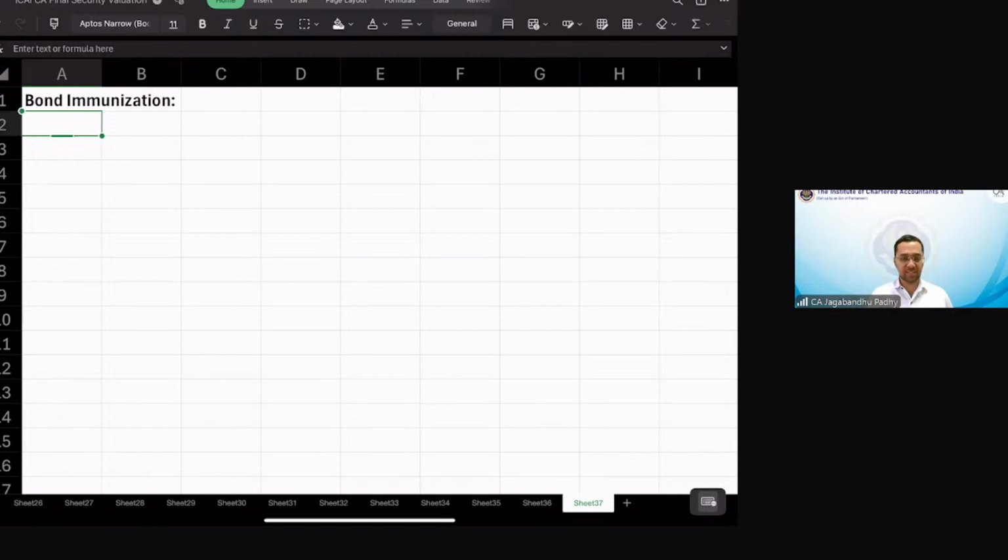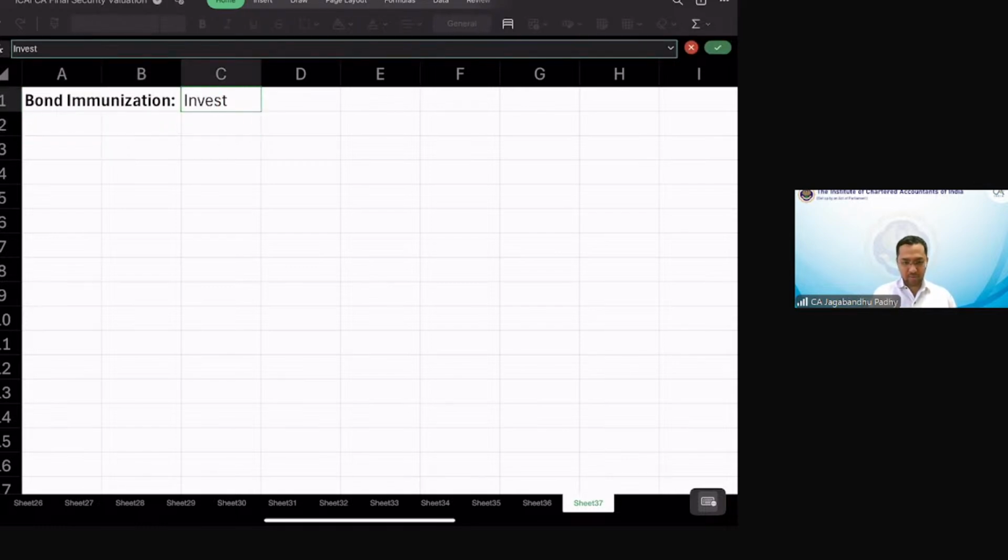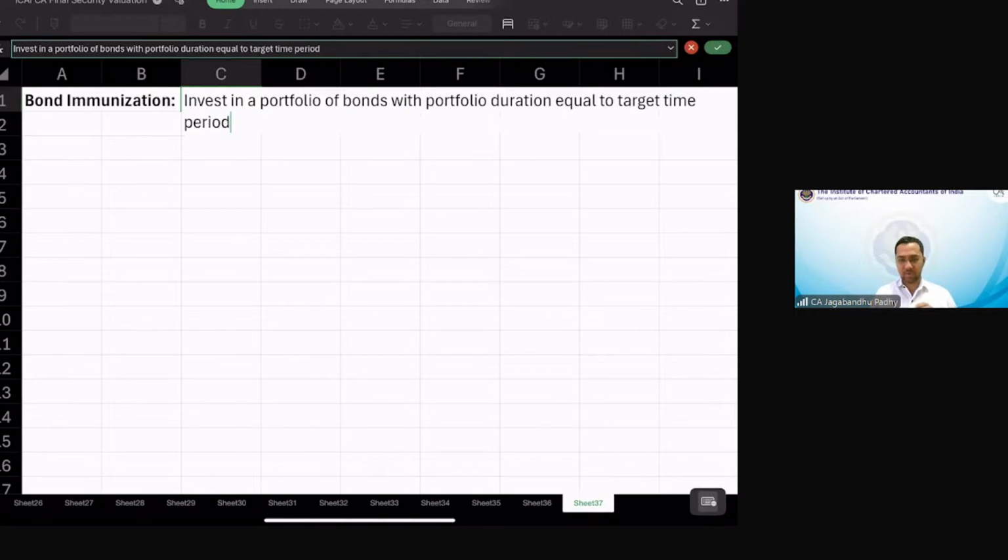So the bond immunization strategy is: invest in a portfolio of bonds with portfolio duration equal to the target time period, instead of a single bond with the target time period.